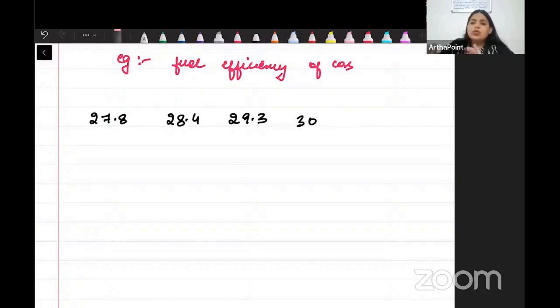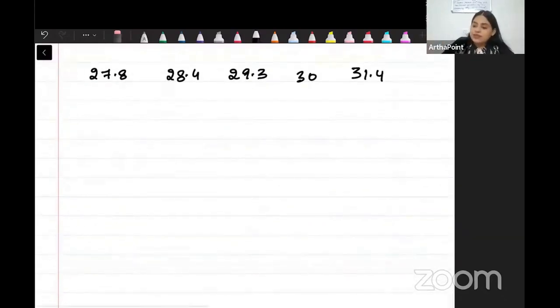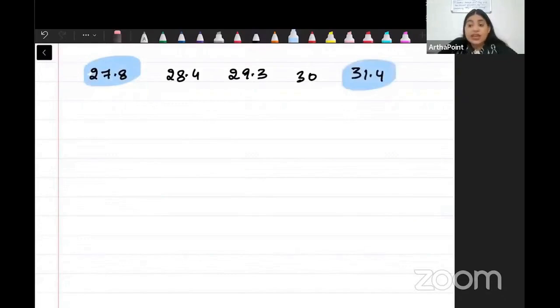And suppose, let's say you, from the data set, identify what is the highest and lowest value. So you understand that the lowest value is 27.8 and the highest value is 31.4. ठीक है, ये continuous data set है. So शायद हर number सिर्फ एक बारी ही आ रहा होगा, उनकी कोई frequency नहीं होगी.